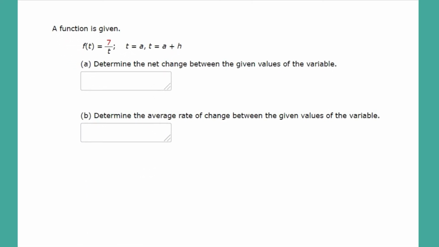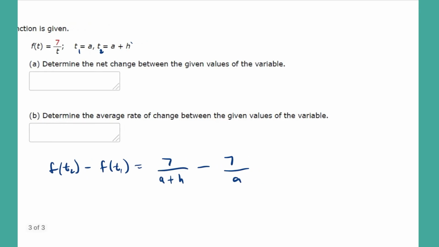The last problem is very similar to what we just did. So once again, I'm going to call this one t2, and this will be my t1. So f of t2 minus f of t1 will be 7 over a plus h minus 7 over a.